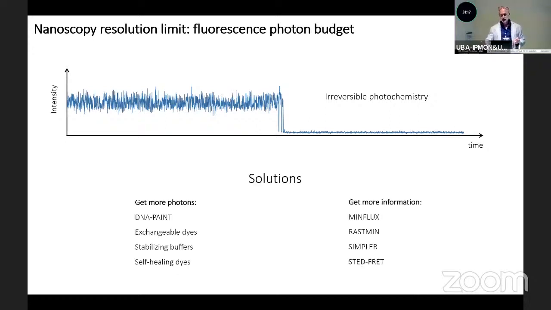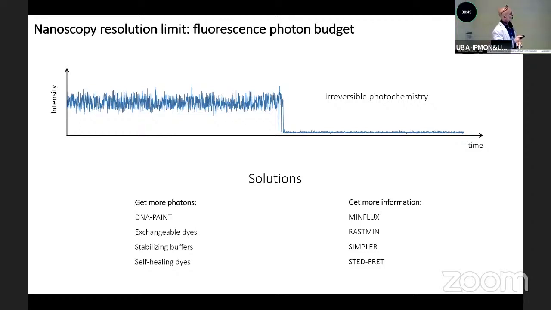So there are therefore two possible ways to solve this problem. You either get more photons somehow, or you get more information from the few photons that you have. Those are the two options. Well, we could add here, expand your sample, like we saw yesterday. Of course, yeah. If you can make your sample larger, then there's no problem. But that's a separate way.